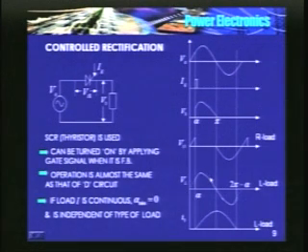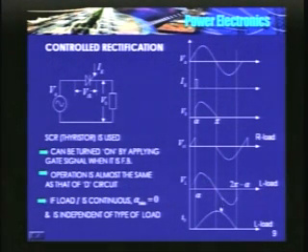Instantaneous value of the input voltage is 0 at omega t is equal to pi. Current starts increasing, reaches a peak and starts decreasing. So this area is positive L di by dt. I said average voltage across the inductor should be 0.